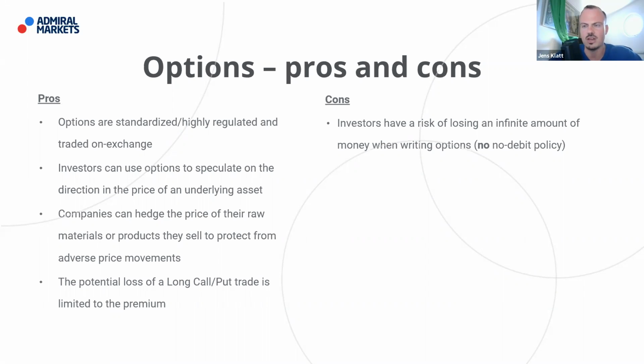So sometimes very complex structures you can create by options. And in this context, it's also important to note that there's not just a chance to buy a call or to buy a put, but it's also obviously possible to sell a call or to sell a put, in fact.